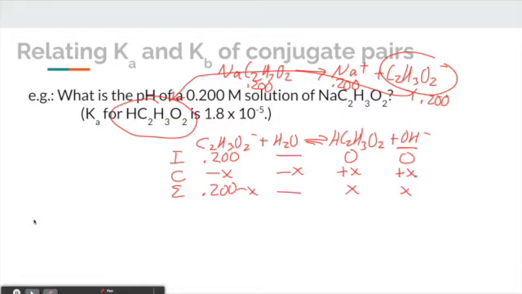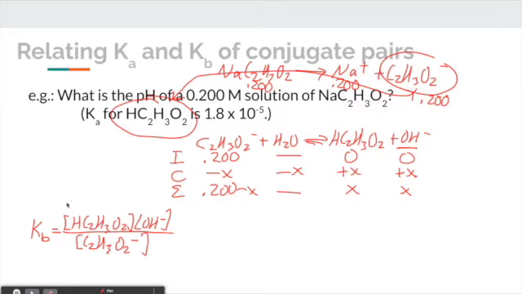All right, so Kb here would be equal to concentration of HC2H3O2 times concentration of OH minus divided by the concentration of the base, which was C2H3O2 minus. But we don't know Kb, so we can't solve this problem. So we'll have to figure out what Kb is.